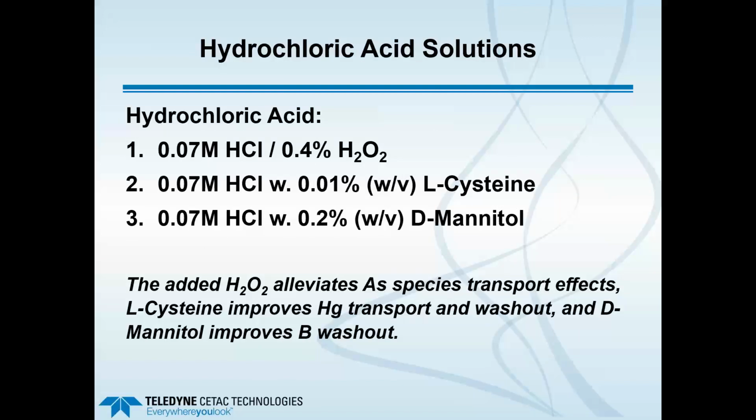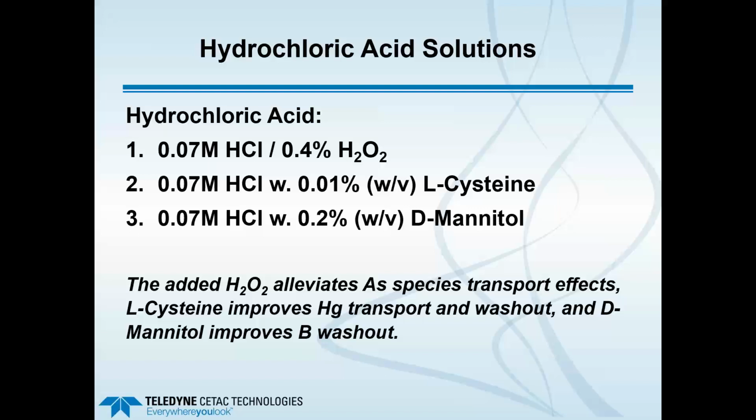Now, the hydrochloric acid solutions, I did mention the leaching solution being 0.07 molar HCl. Of course, the calibration standards were also made up in 0.07 molar HCl, but we did add some additional reagents. Okay, first one is hydrogen peroxide.